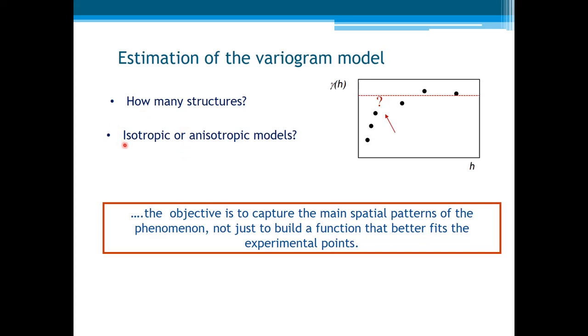But in case variograms have different behaviors in different directions, anisotropy models must be fitted. But let us emphasize, the objective of this fitting exercise is to capture the main spatial patterns of the phenomena, not just to build a function that better fits the experimental points.